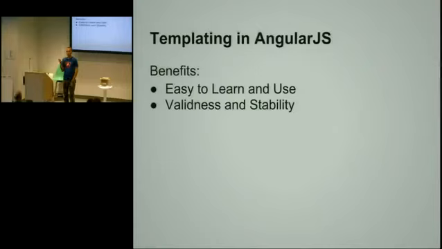It also allows us to create stable DOM. By stable, I mean because we are traversing the DOM, and in the case of the repeater, for example, we know that we have a list of greetings or a list of superheroes, and they correspond to a certain model, a certain array.